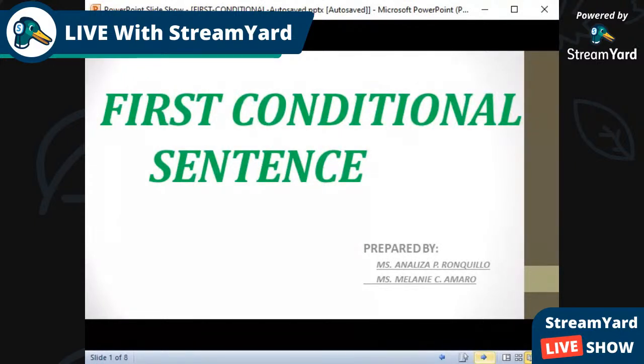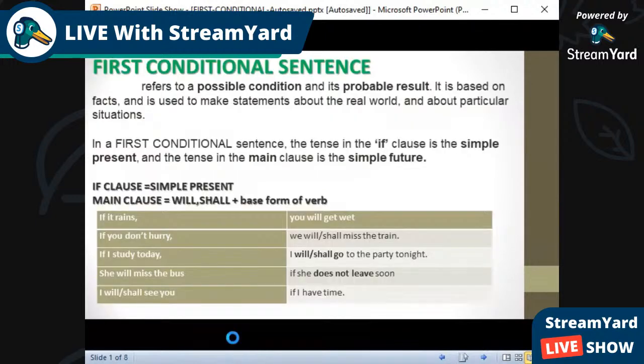And so, guys, first conditional sentence. So, what is the first conditional sentence? Conditional sentences refer to the possible condition out of the three. Out of the three conditions, this is the one that is most likely to happen.